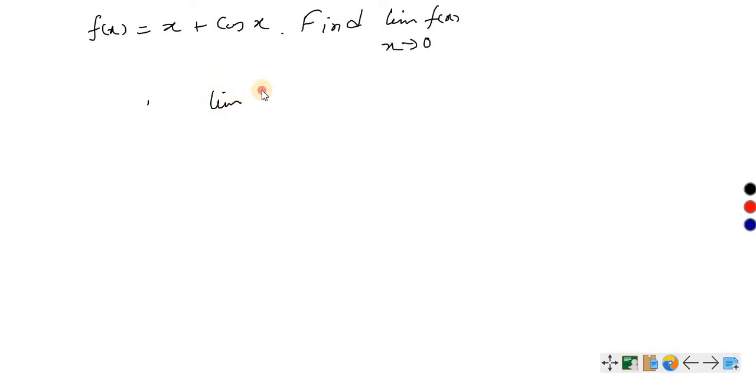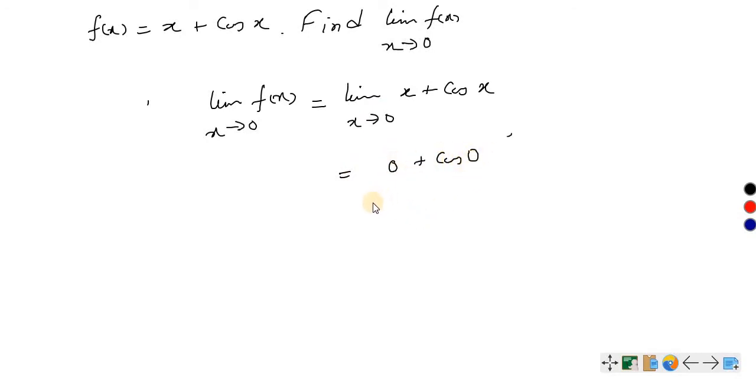Limit f of x as x tends to 0 is equal to limit of x plus cos x as x approaches 0. So this will be 0 plus cos 0, which is equal to 1. So this is how we have solved this.